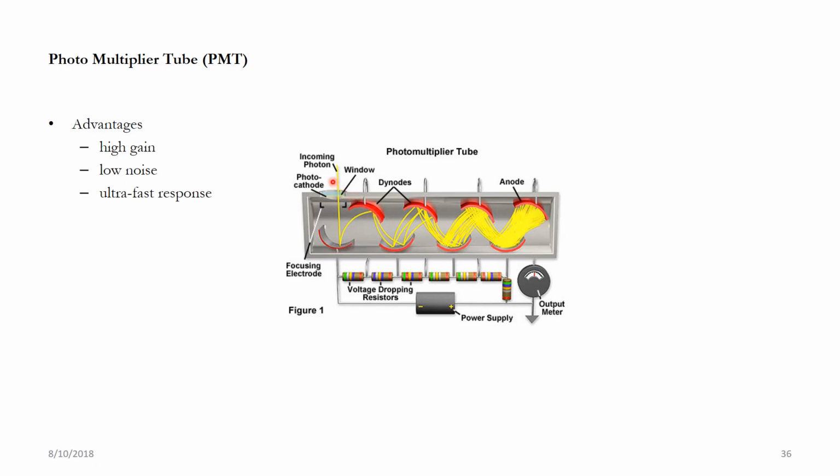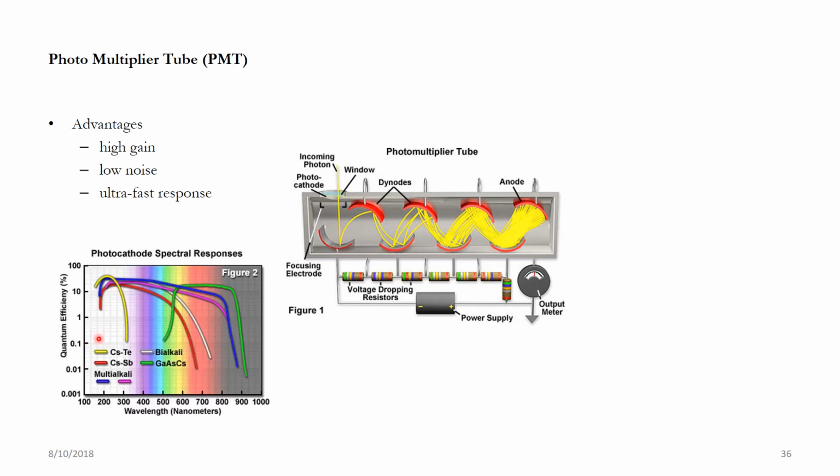Great thing is that it is ultra fast, has got low noise and a high gain. Bad thing is that because it is only one point, there is no spatial information, and of course the efficiency also may be a question mark sometimes. If you see here the spectral property, you can have all the way from UV to almost infrared, but the quantum efficiency is not very high, and that's why these are great for bright samples, not for dim samples.